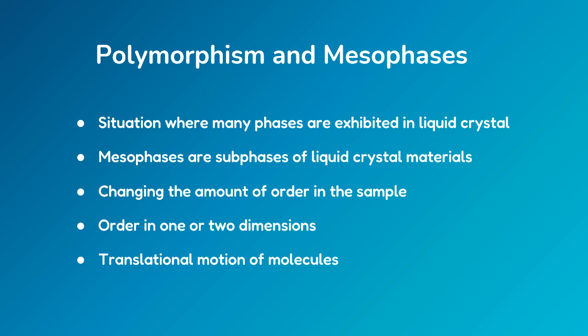So, mesophases are formed by changing the amount of order in the sample. So, each phase has different order in different types of factor. That is, it may have difference in orientational order or positional order, and so on. So the order is imposed either in one dimension or two dimensions, or by allowing the molecules to have a degree of translational motion.